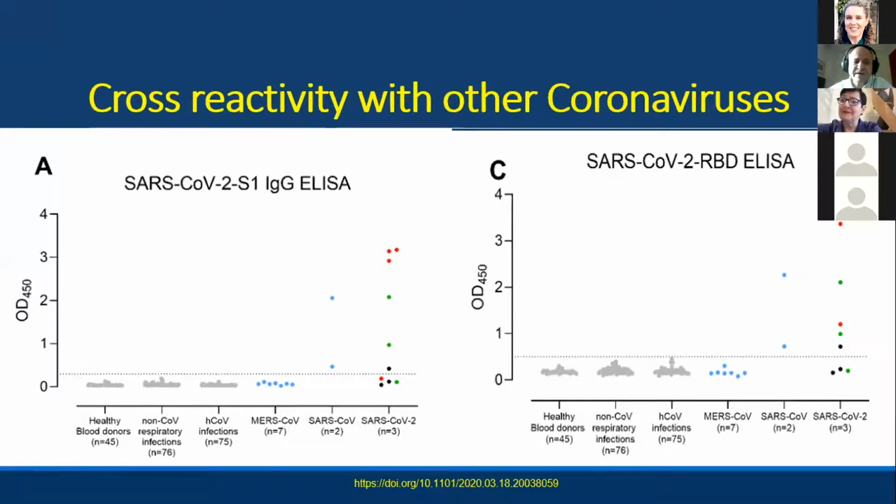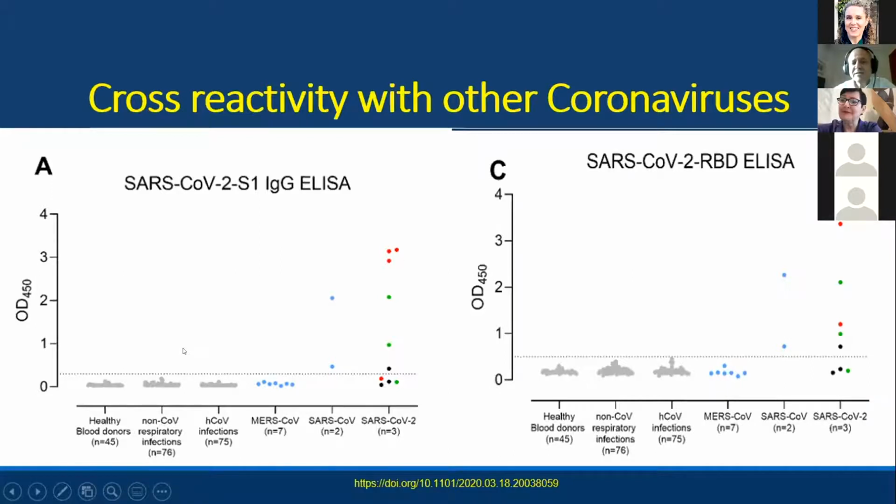And this was translated with serology assays, where people looked at ELISA assays, where they have the S antigen, S1 antigen for SARS-CoV-2, and the RBD antigen for SARS-CoV-2 as well. And they tested sera from patients with SARS-CoV-1, MERS-CoV, and other coronaviruses. And they only noticed some reactivity with SARS-CoV-1 sera, and not MERS-CoV, for example, or the other coronaviruses.